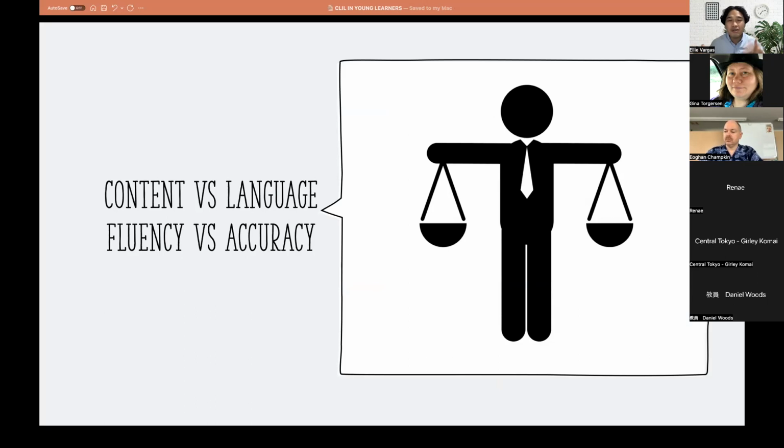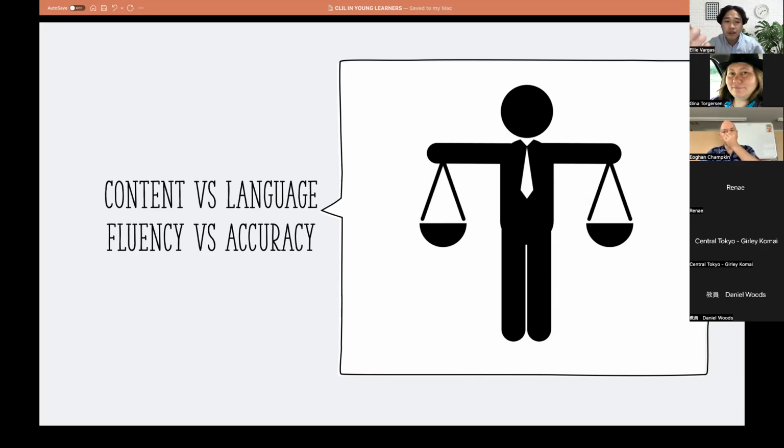Like, you give a lot of scaffolding, you use a lot of L1 to make them study or learn the topic more. But there's also hard CLIL, like the immersion classes, the international schools. So they use a lot more English than the soft CLIL classes, less scaffolding. Your goal is for them to understand the topic. But in Japan, it's mostly soft CLIL.